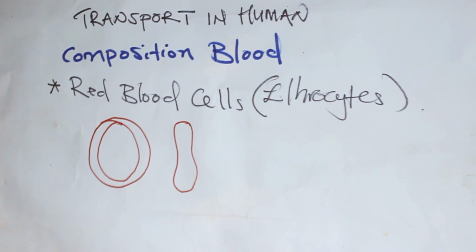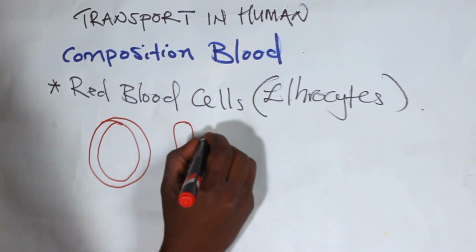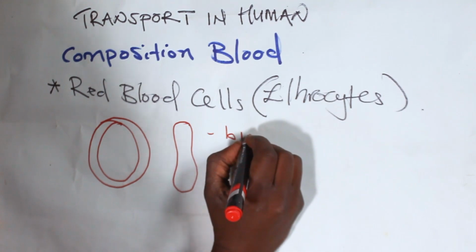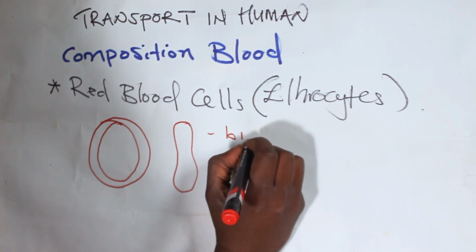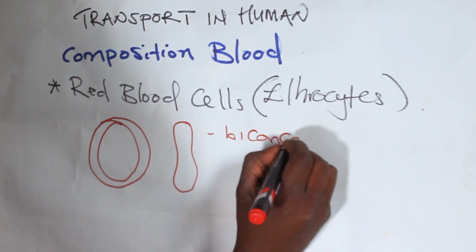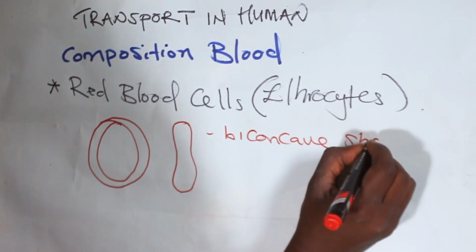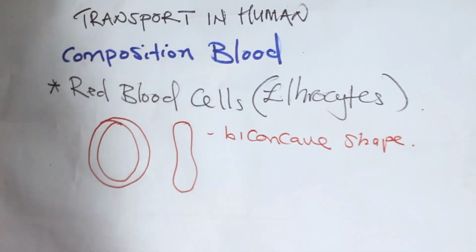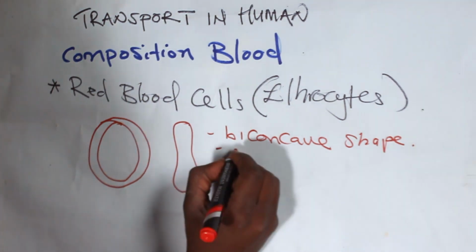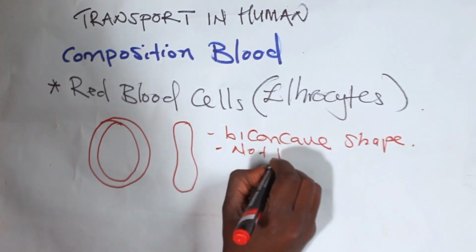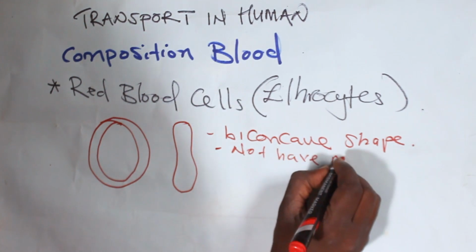So a red blood cell has a concave shape. That's one thing that you should know, and it does not have a nucleus.